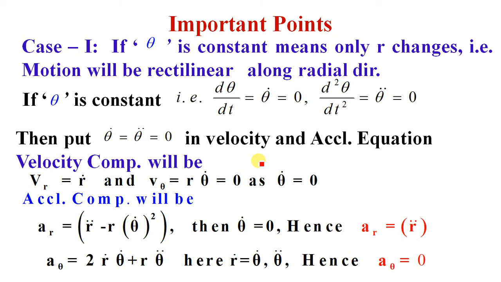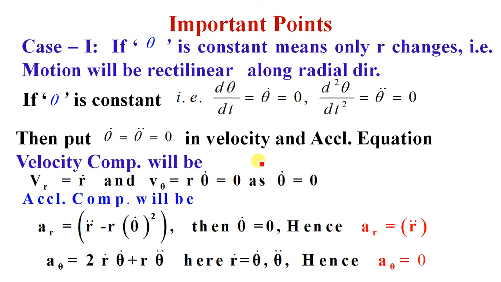Now if theta is constant, only r changes, so the motion will be rectilinear along the radial direction, that is along a straight line. Theta is constant, then what happens? d theta upon dt becomes 0, and d square theta upon dt square becomes 0. Substituting in the velocity equation, you get Vr equal to r dot, and V theta is equal to r theta dot, but theta dot is 0, so V theta is 0.